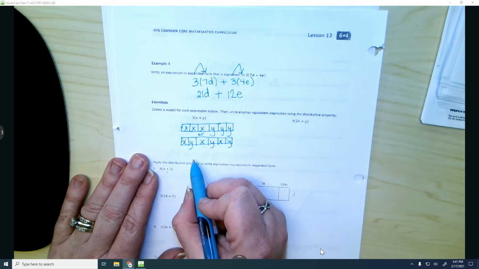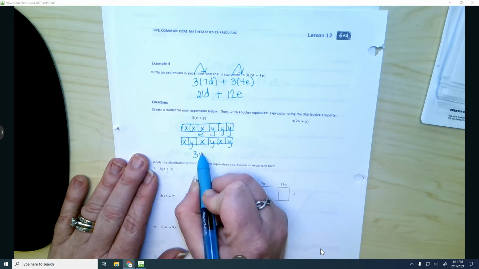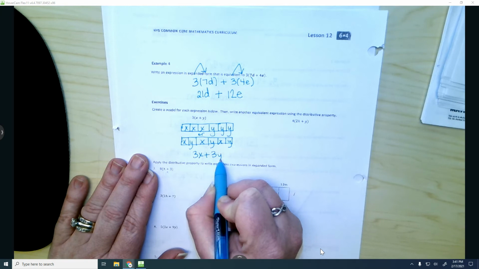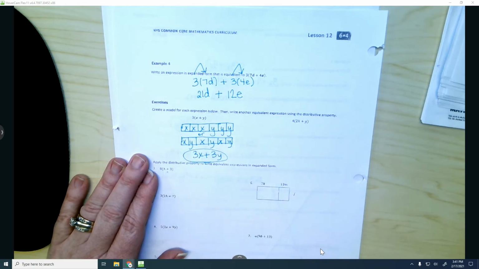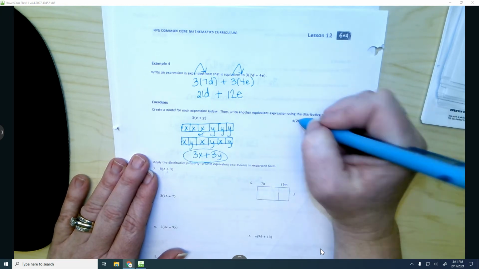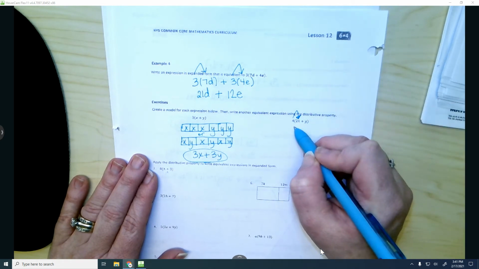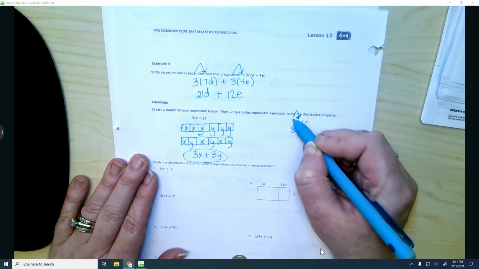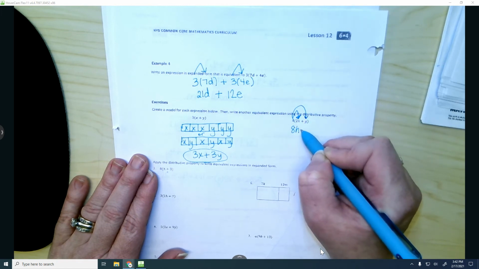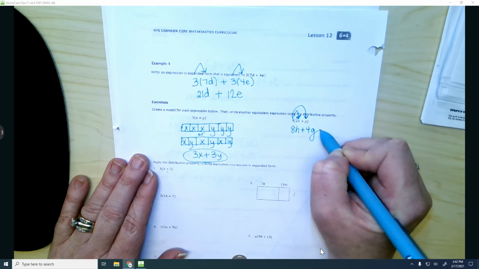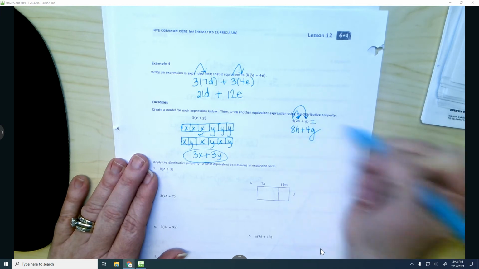Either way, I have 3 x's and 3 y's. Over here, I'm just going to show it mathematically. 4 times 2h is 8h. 4 times g is 4g. So these are equivalent to each other.